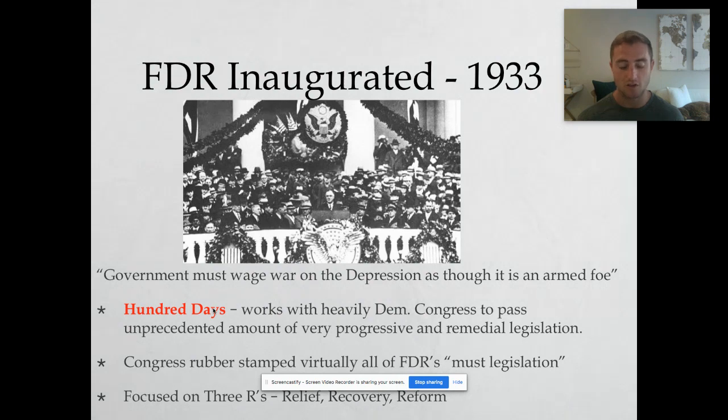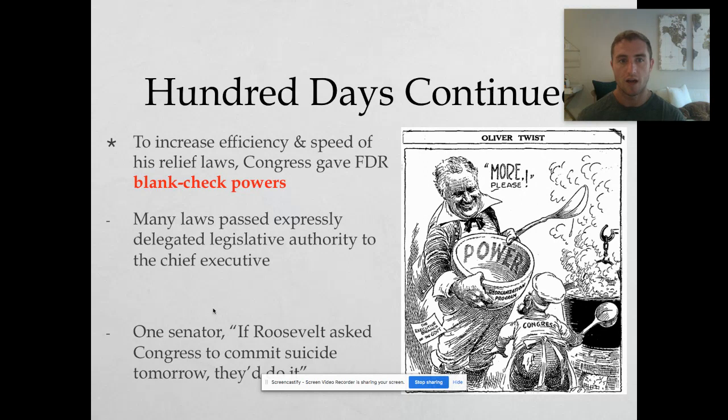These laws are going to focus on the 3 R's: relief, recovery, and reform. Relief immediately for people that need it the most, things like dole payments, direct payments; recovery to help the unemployed, to get more jobs created; and reform to prevent future depressions down the road.